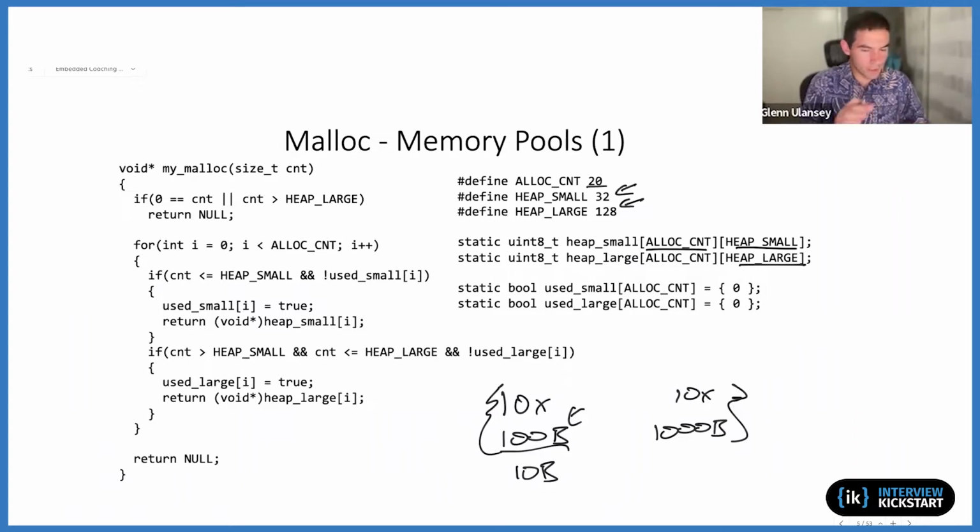This memory is all allocated and divided up at compile time. And then I also have a Boolean array of the same size that specifies whether a particular entry in that pool is in use or not in use.